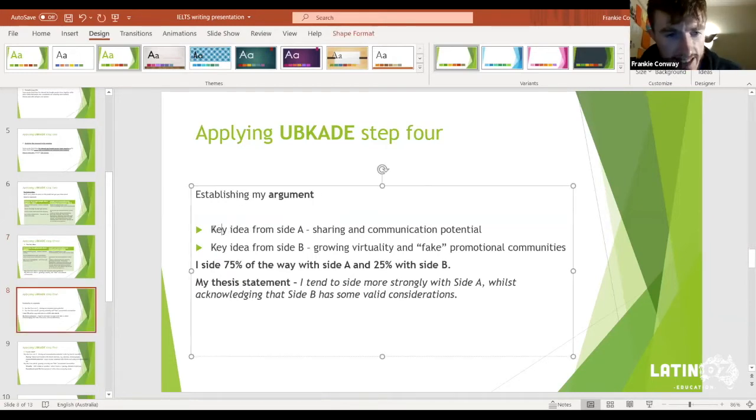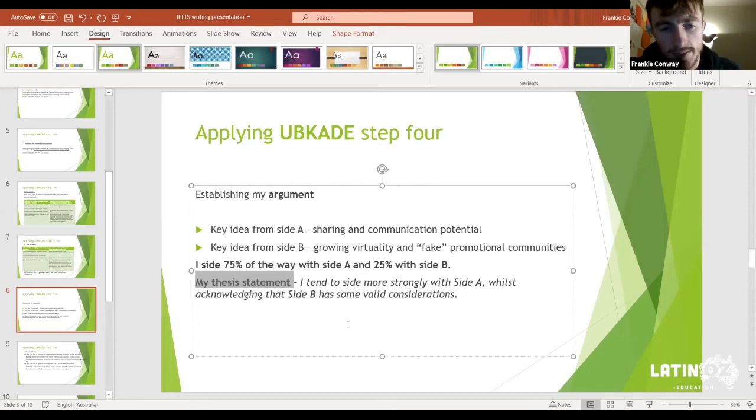So my key idea from side A was the sharing communication potential, as I said. Side B was the growing virtuality and the fake promotional communities. But I've said, guys, that I side 75% of the way with side A. So I think the internet's been a good thing for our social life, and maybe only 25% with side B. So that gives me, guys, my thesis statement.